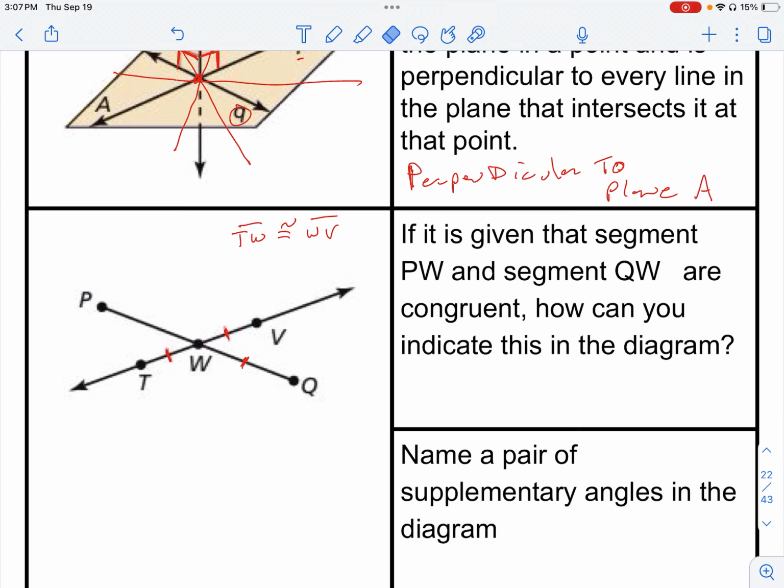So we got to put 2 tick marks to show that PW is congruent to WQ, but not necessarily congruent to TW and to segment VW. So we're going to draw it just like that.